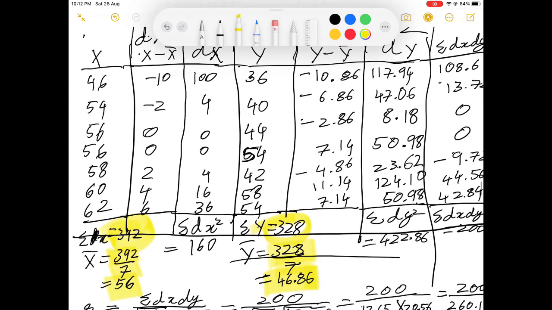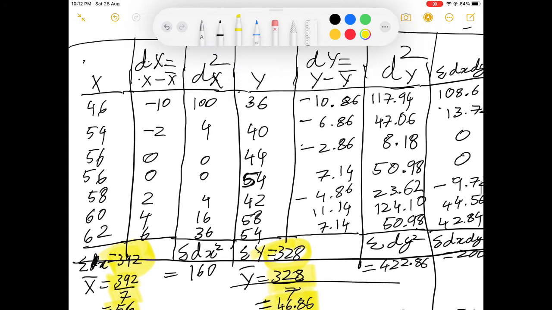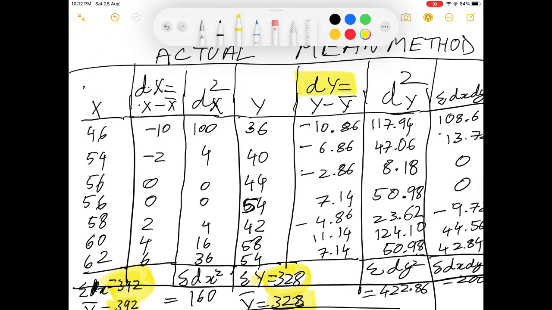So x minus x bar gives me minus 10, minus 2, 0, 0, 2, 4, 6. Similarly dy, subtracting 46.86 from all of them, gives me minus 10.86, minus 6.86, minus 2.86, 7.14, minus 4.86, 11.14 and 7.14.